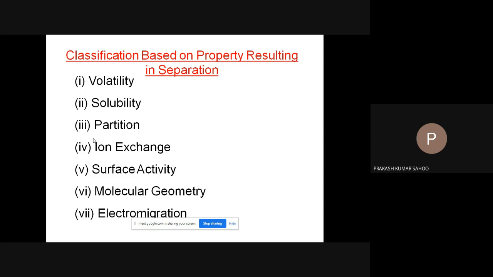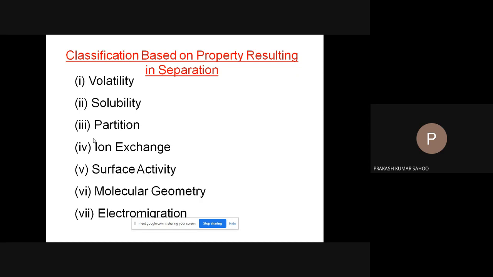Then we have surface activity. As we know, surface activity involves the adsorption process, where the adsorbate molecules, the foreign molecules, get adsorbed on the surface of the adsorbent, like water vapors adsorbed on charcoal.